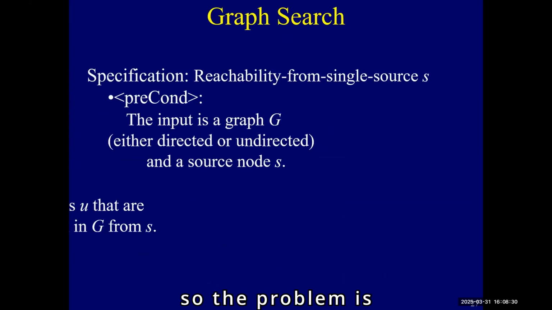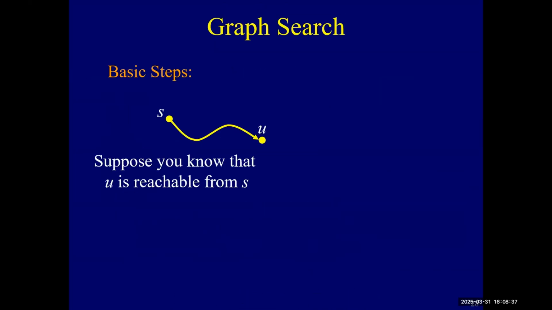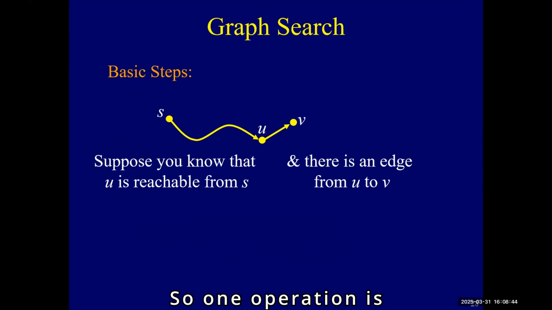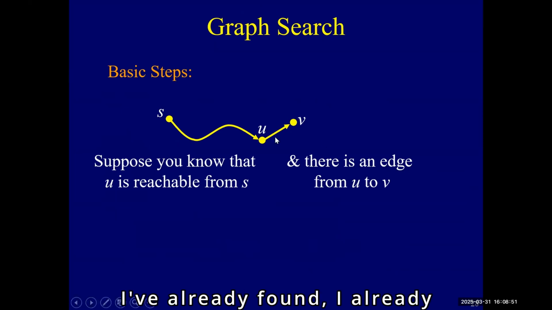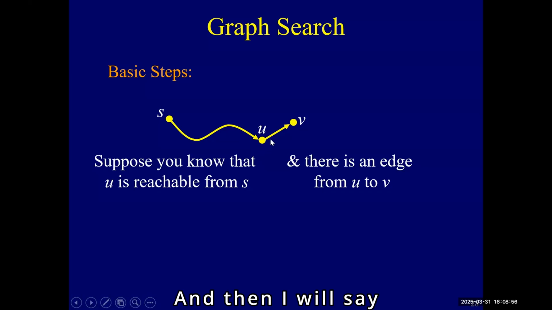Here, the problem is you're given a graph and you're given a start node, and you want to find all the nodes that are reachable. So one operation is you say, well, my invariant might be that I already know that U is reachable, and then I'll say that I found U because when I find it, I know there's a path to it.